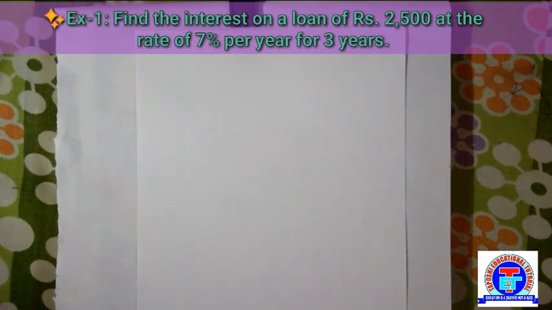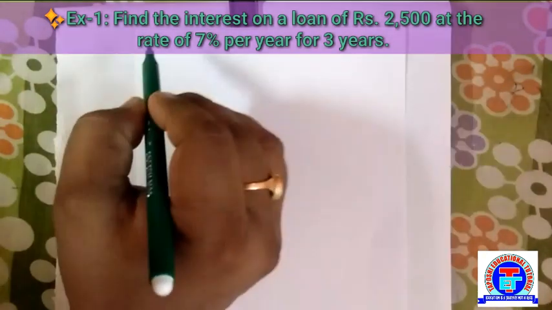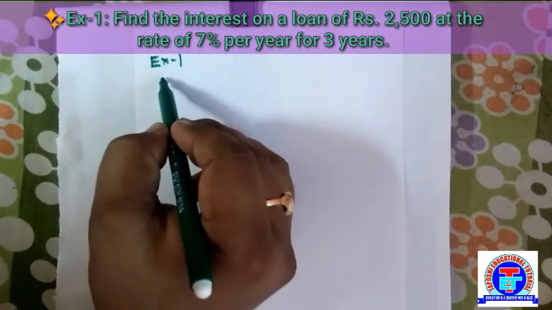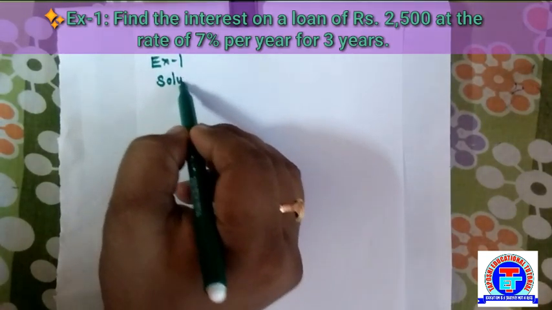Right. So first, example number 1: find the interest on a loan of rupees 2,500 at the rate of 7% per year for 3 years. Now the solution here.